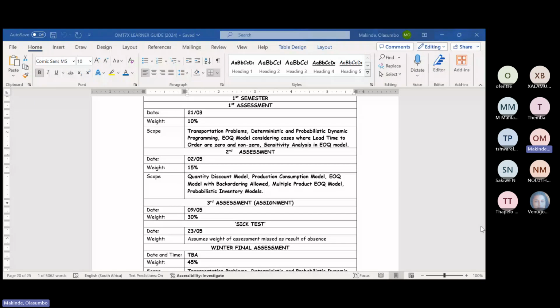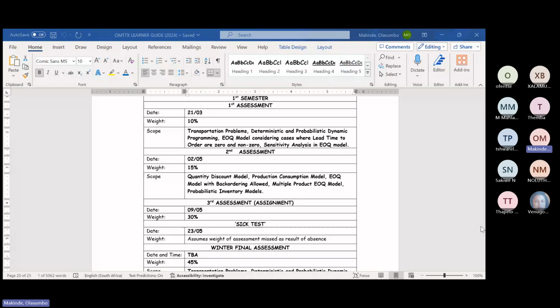Just for you to know now, the essence of all this programming, including this deterministic dynamic programming, topic 2 and topic 3, anything that talks to programming, operations management techniques, whether it's 2, 3, or 4, it's all about you trying to utilize your resources effectively.